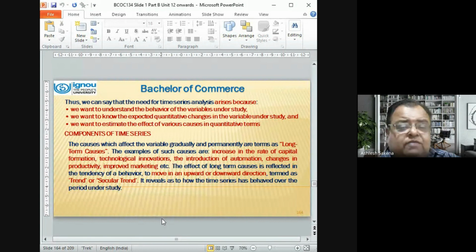The effect of long-term causes is reflected in the tendency of a behavior to move in an upward or downward direction, which is termed as trend or secular trend. It reveals how that time series has behaved over the period under study.